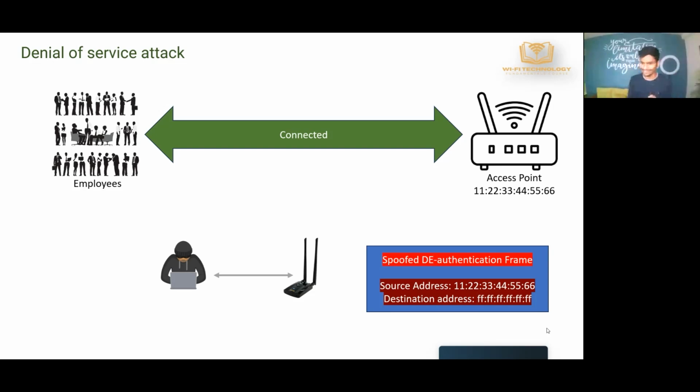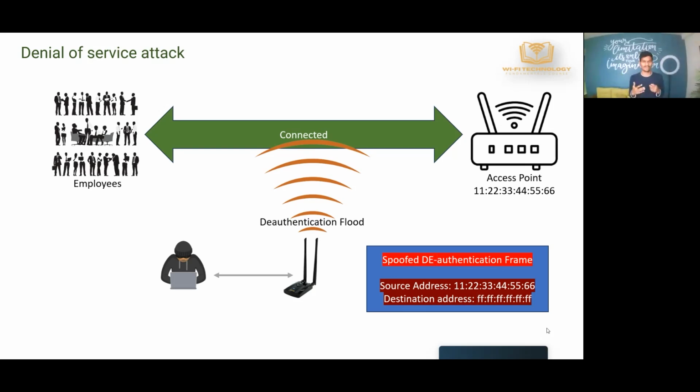Using this network adapter, he will send that frame to the network. Now whoever is connected to this access point will get this deauthentication frame. Every employee in this network will get this frame and think, oh, the AP is sending me a deauthentication, now I have to disconnect.